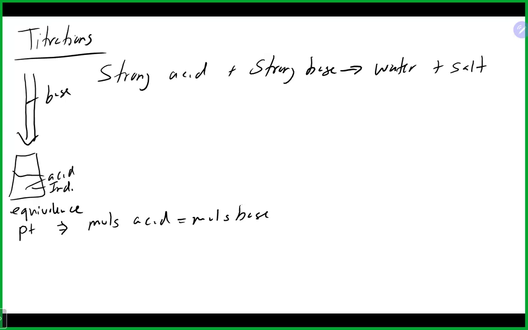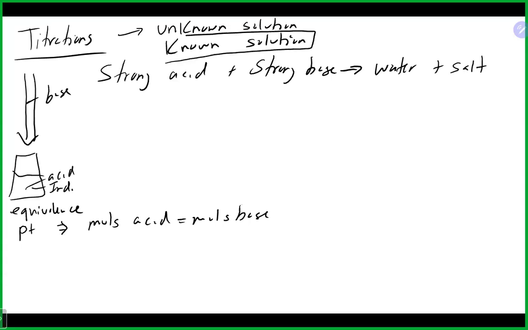Now, typically when we do titrations, there are usually two types of solutions. There's an unknown solution, and there's usually a known solution. And that is really how we do titrations, because we have a known solution. Typically, that means we know the molarity and the volume used. That allows us to figure out the moles of our known solution.